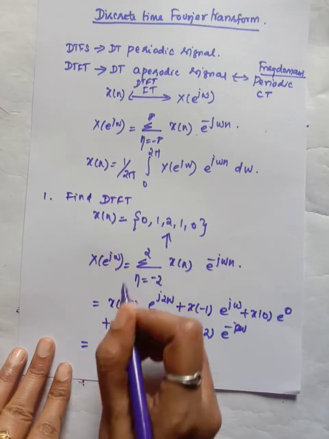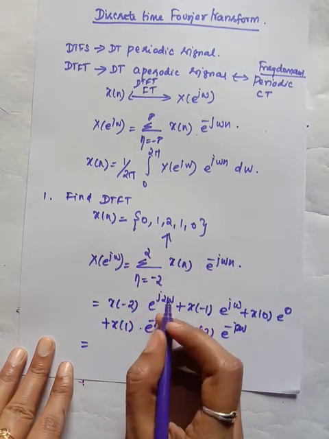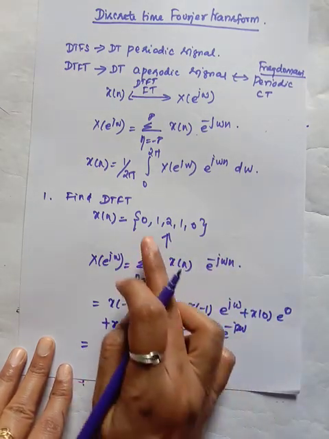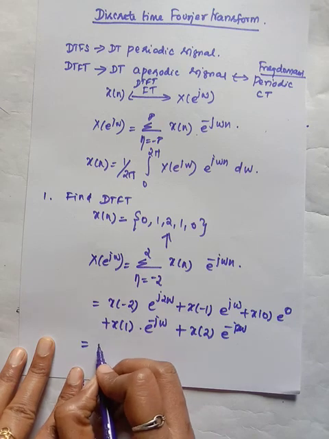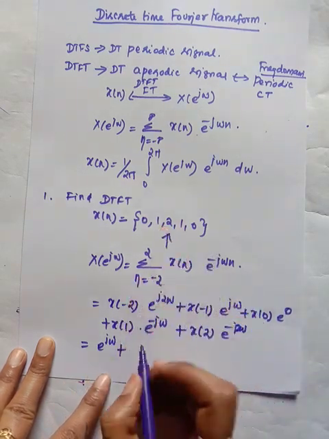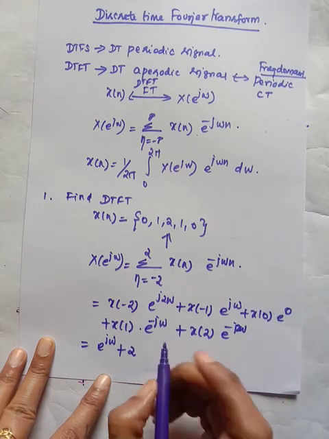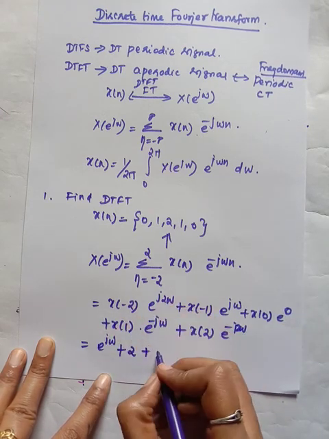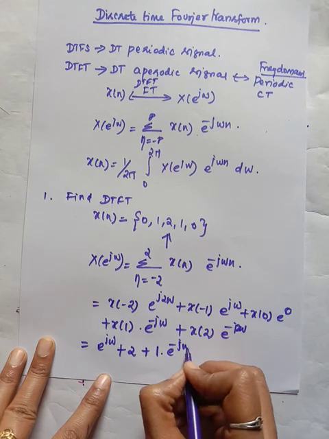Now you substitute these values. x of minus 2 is 0, so this term gets cancelled. x of minus 1 is 1, so e power j omega, plus x of 0 is 2, and e power 0 is 1, so 2. Then x of 1 is 1 into e power minus j omega.